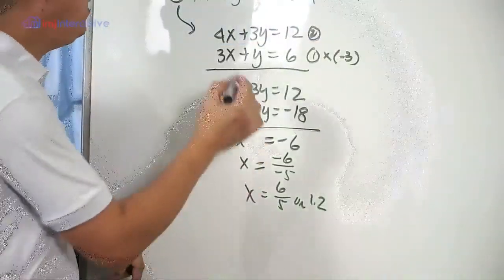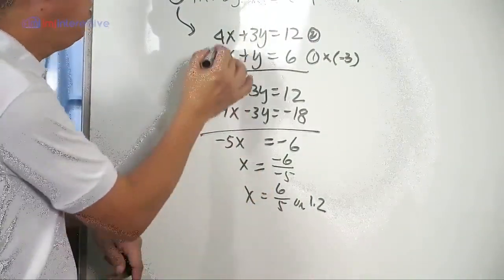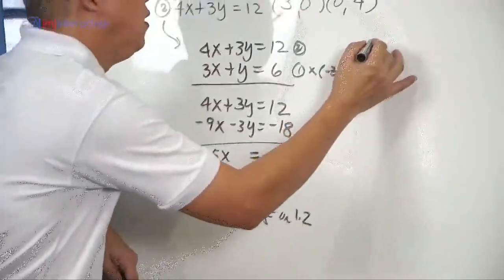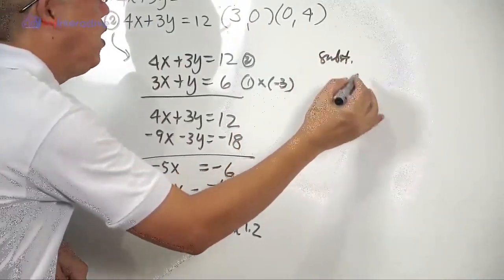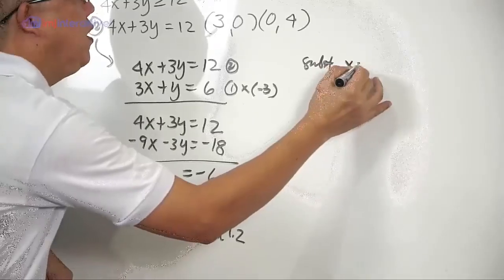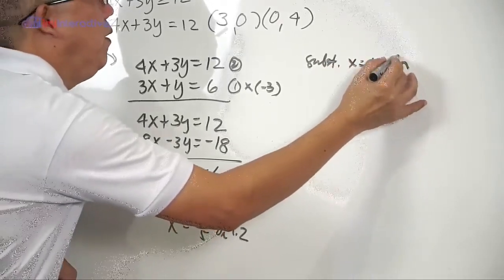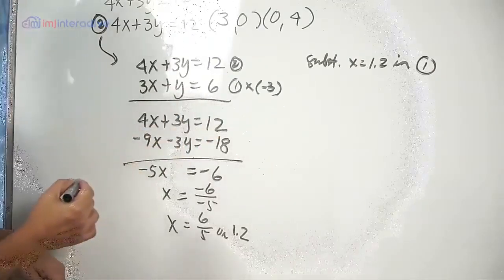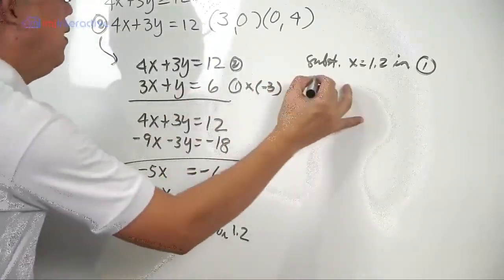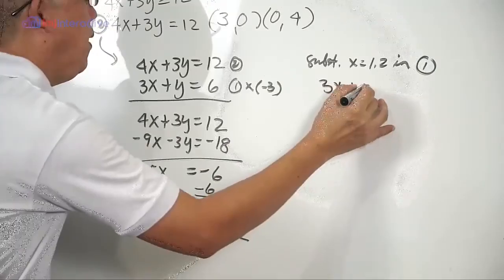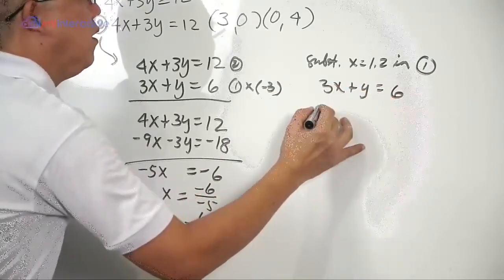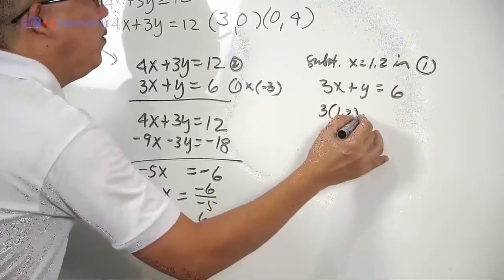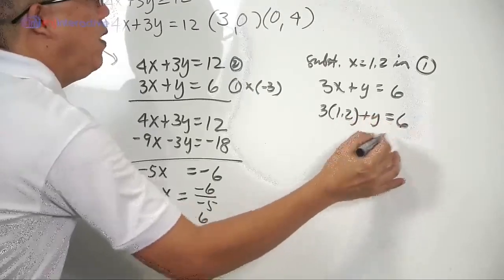To find y, you can just substitute the value of x to any of the two equations. So, let's substitute x equals 1.2 in 1. Yes, it's easier to solve using 1. So, 3x plus y is 6. 3 times 1.2 plus y equals 6.